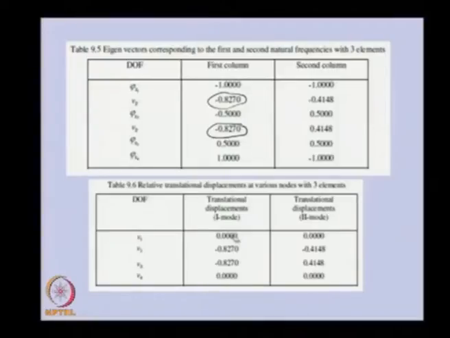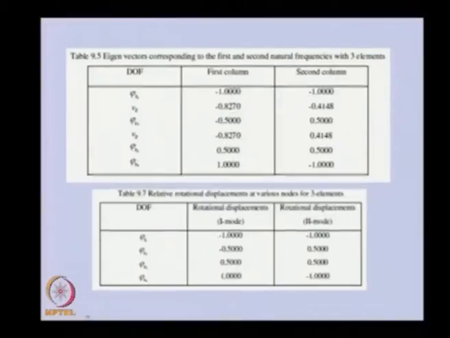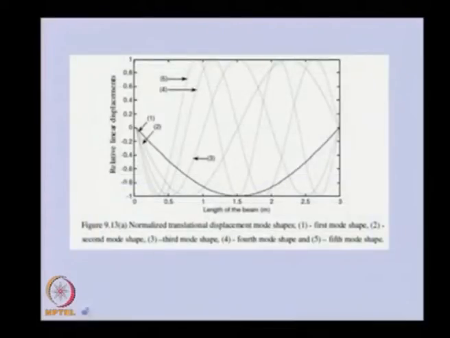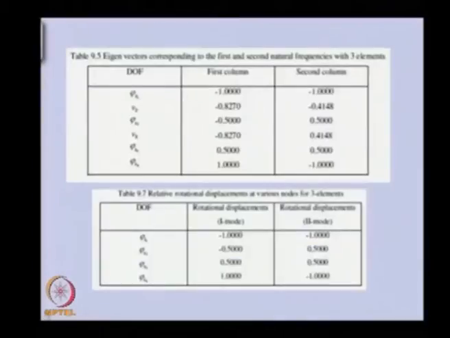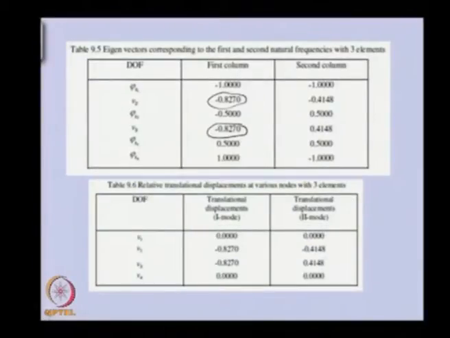Now you can see that for 3 elements only 4 nodal displacement values are there, and with this, if we plot the mode shape, we may not get it that accurate. But if we plot it, we see that at nodes 1 and 4 it is 0, and for nodes 2 and 3 there is some value.